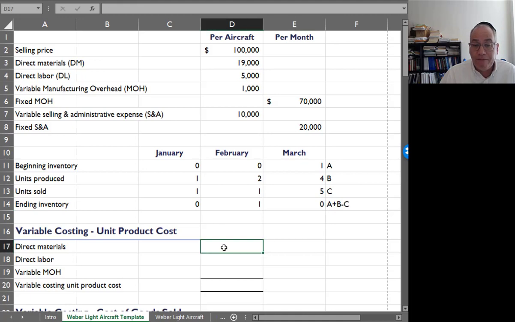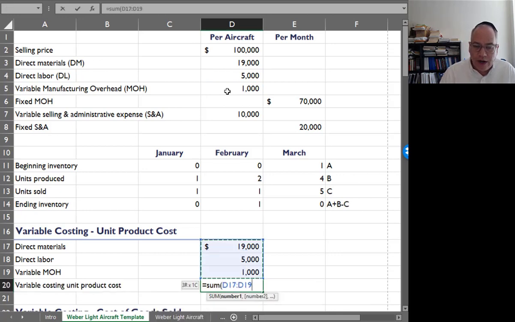Let's first figure out unit product cost under variable costing. Under variable costing, direct materials, we said, is $19,000. Direct labor is $5,000. And variable overhead is $1,000.